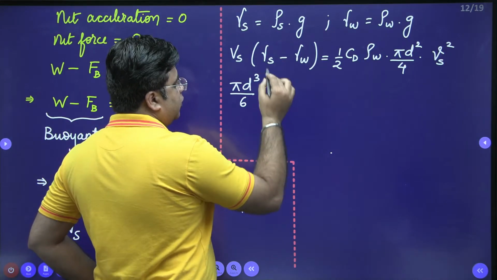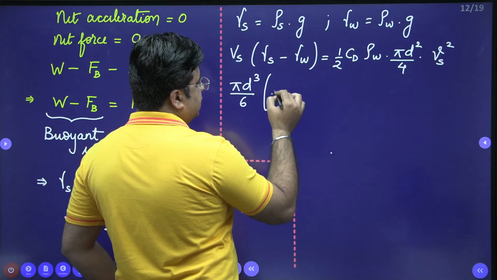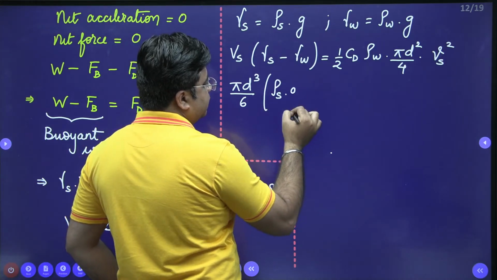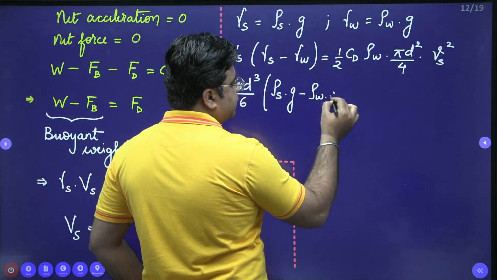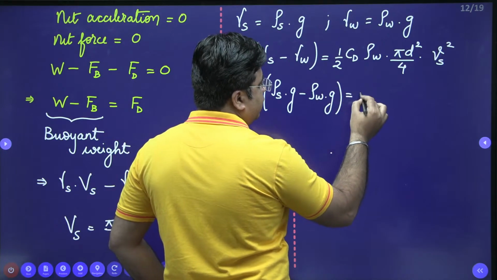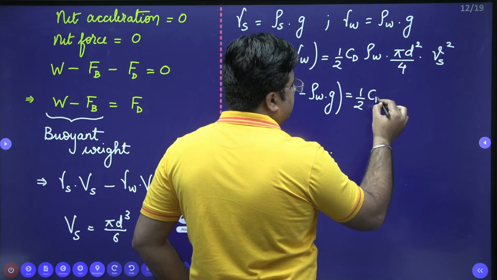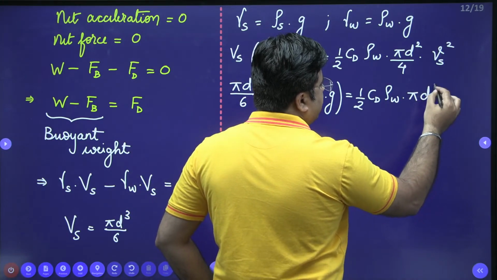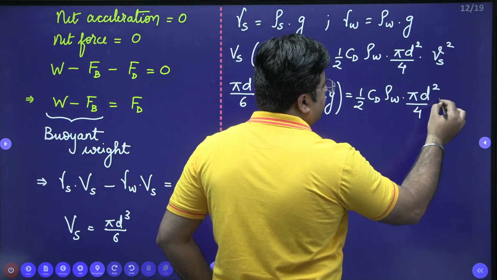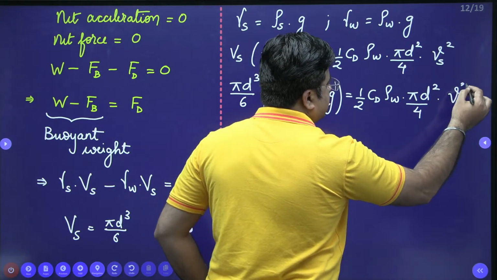This rho s can be written as gamma s into g, and this gamma w can be written as rho w into g. This is equal to half CD rho w pi d square by 4 into Vs square, right?